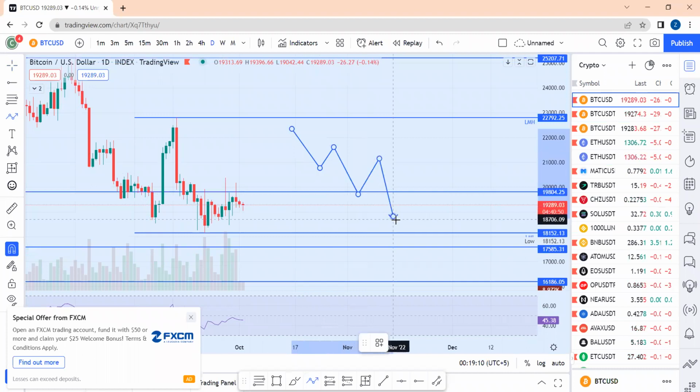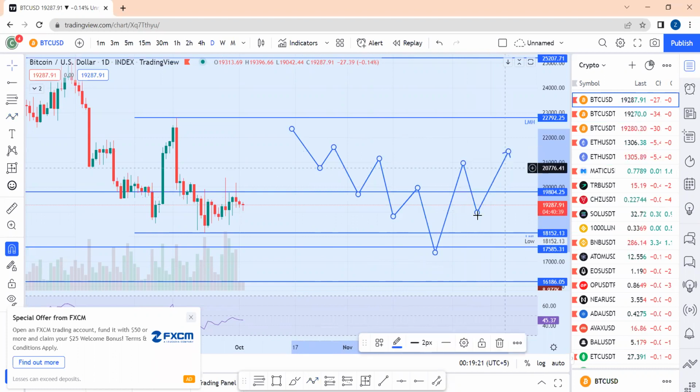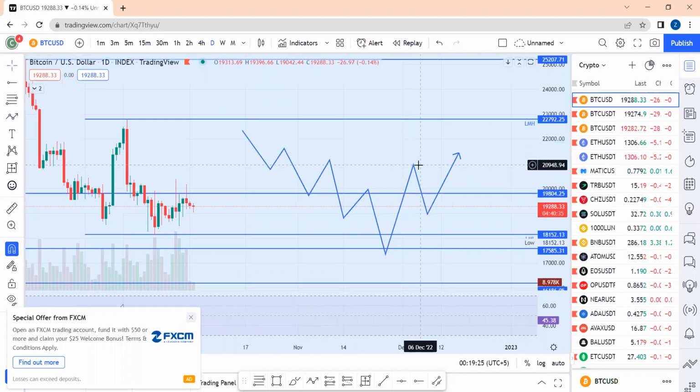When it breaks this lower high, creates a higher high, and does not create another lower low, this is your trend reversal if you're looking at the candles. To look for the trend reversal, use 15 minutes, 30 minutes. If you're looking at the dump live, use 5 minutes, 3 minutes, 10 minutes.